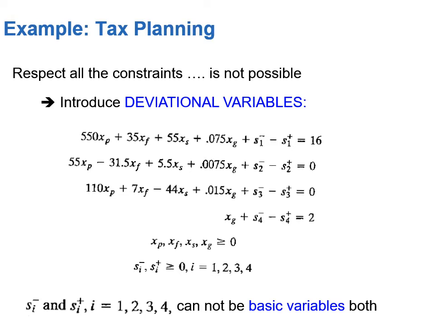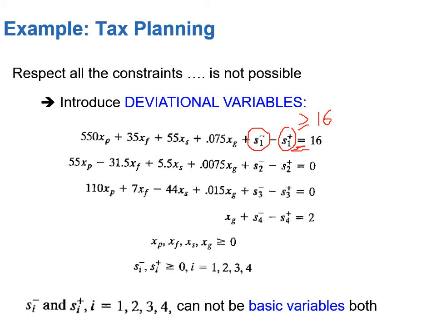We define two deviational variables for each constraint. So remember, this first constraint was greater than or equal to 16. For this constraint, we define this S1 minus and S1 plus, two variables, and we converted the constraint into equality.